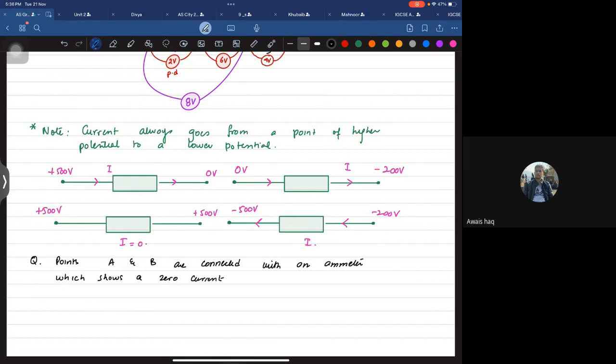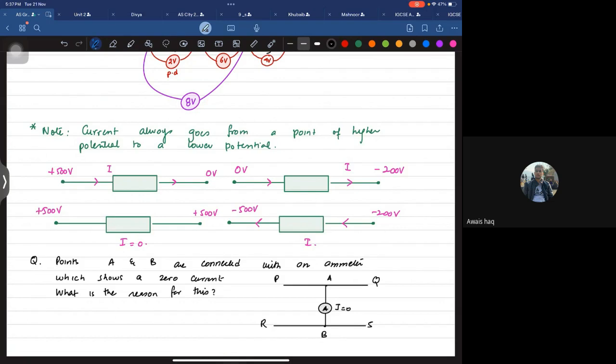So they have given you a circuit PQ and RS, and there's an ammeter connected between points A and B. Here they say the current is 0, and they ask what is the reason for this.